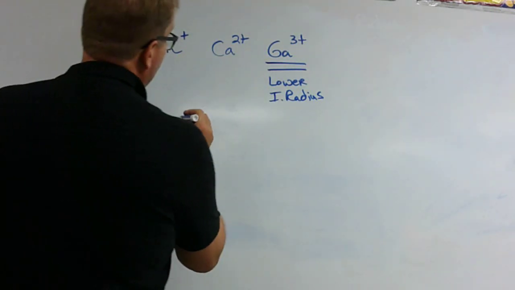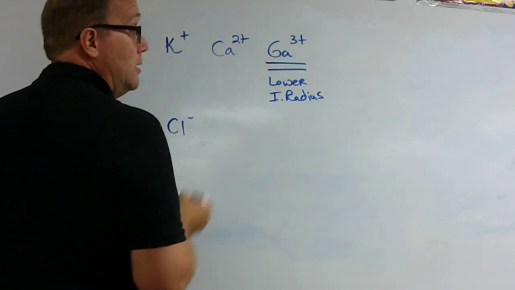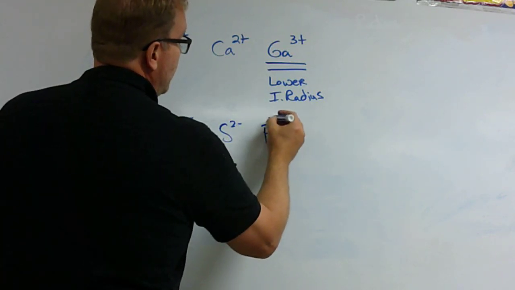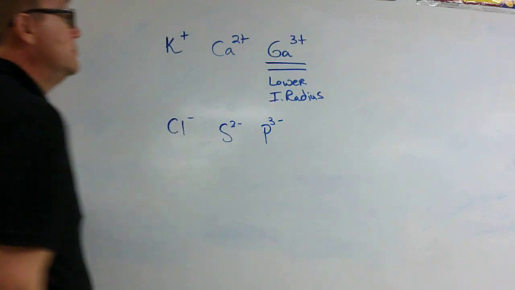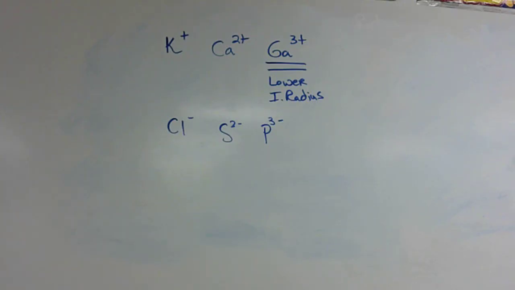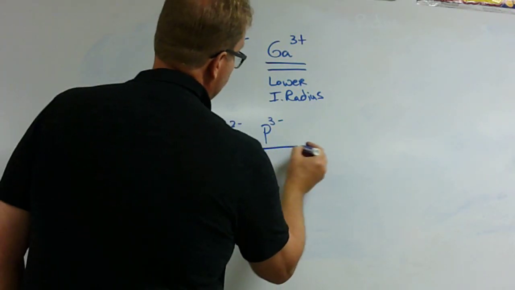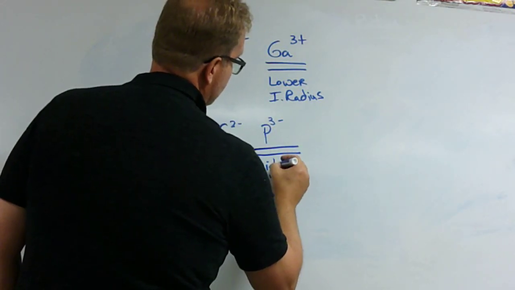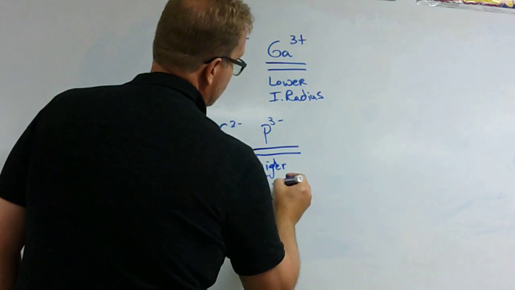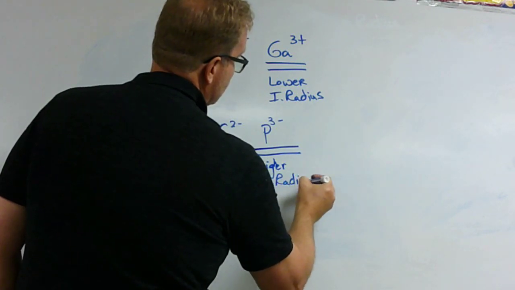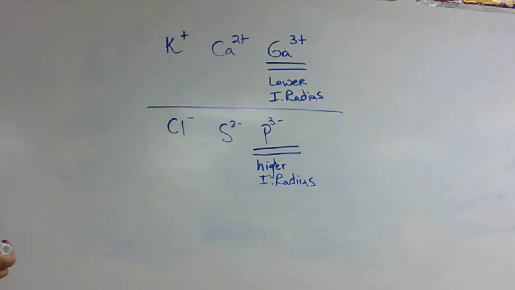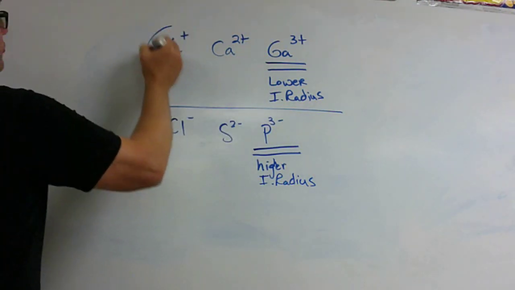Let's say I'm looking at Cl and S and P. Well, which one's going to have now the higher ionic radius? So you remember at the beginning I said positives are just losers.